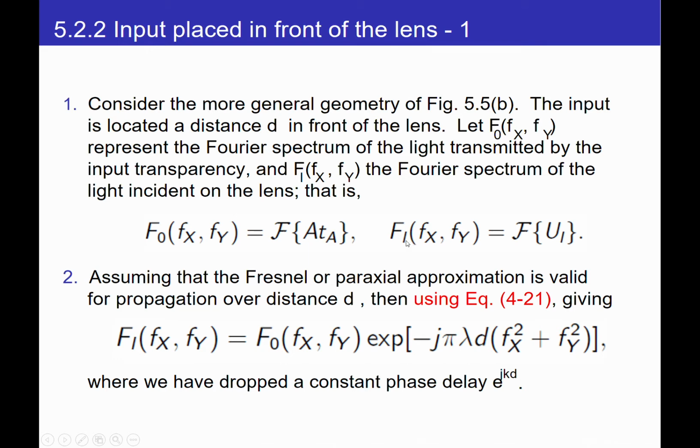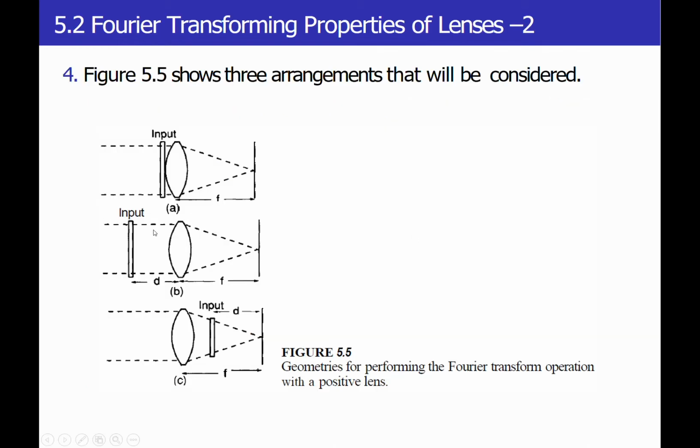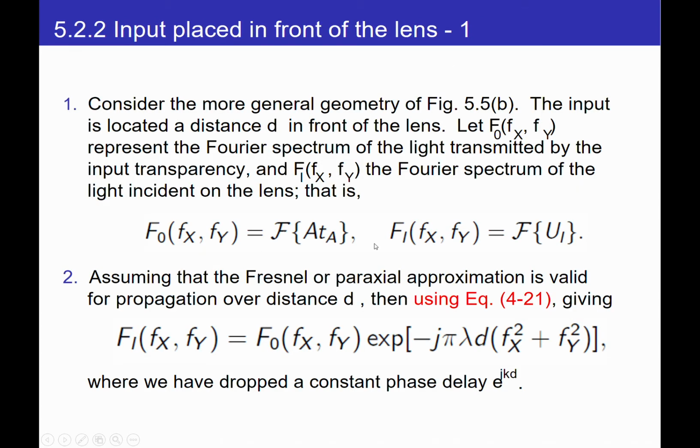Fi is the input light field, the Fourier spectrum of the light incident on the lens. After the propagation, you get a certain Fourier transformation. At this point, the incident light has Fi.